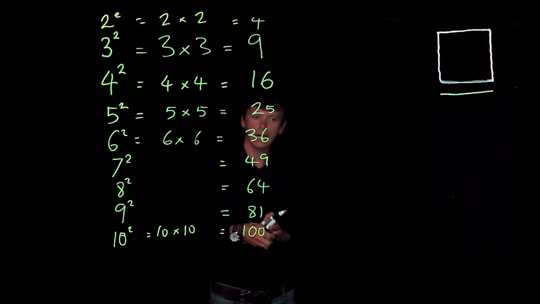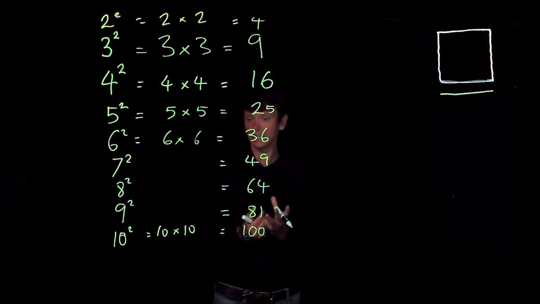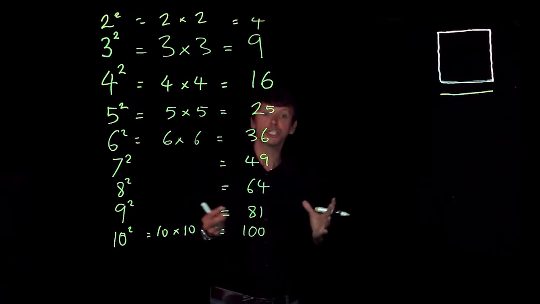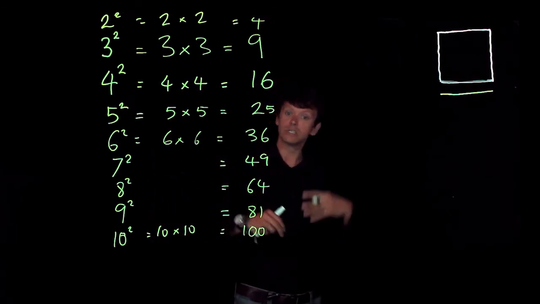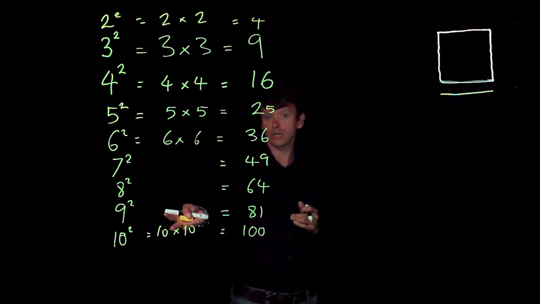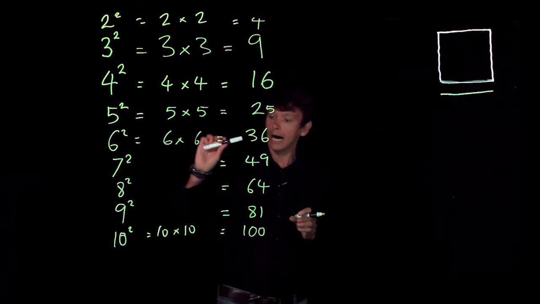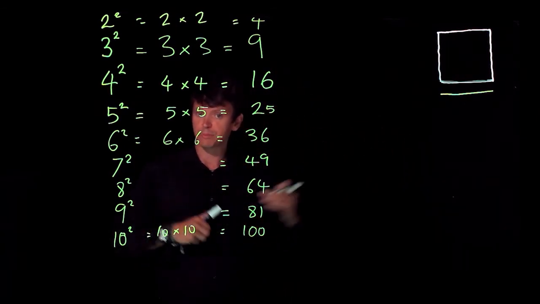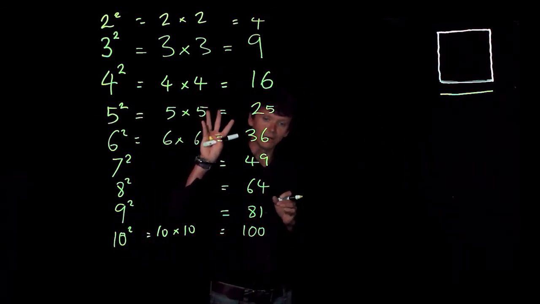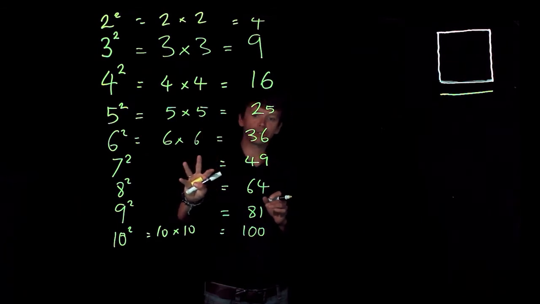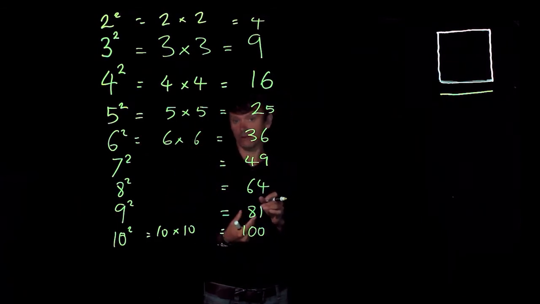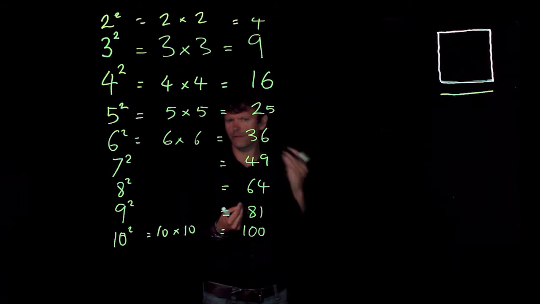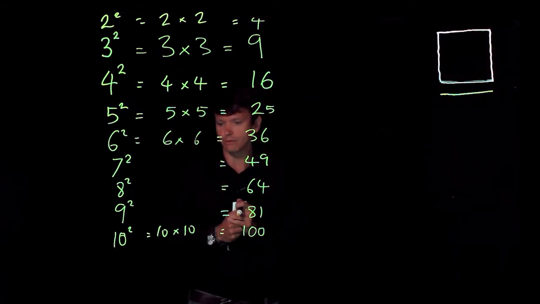In GCSE terms, there is an expectation that you will know these square numbers, and you will know square numbers slightly beyond this as well. Certainly to 12 and perhaps beyond that to 15. But it is very useful to be able to work them out, particularly the larger ones, if you're not able to instantly recall them.